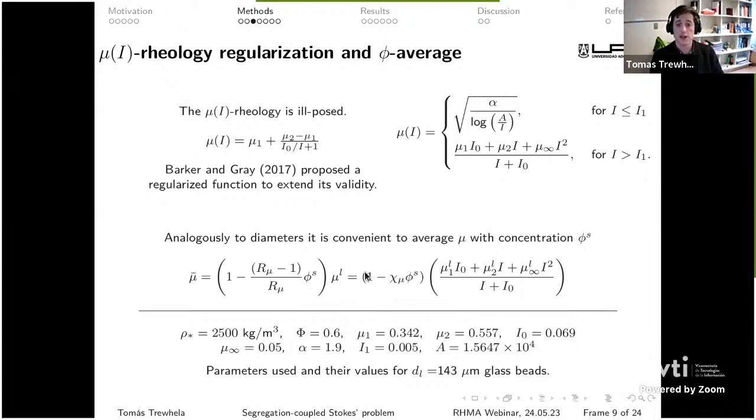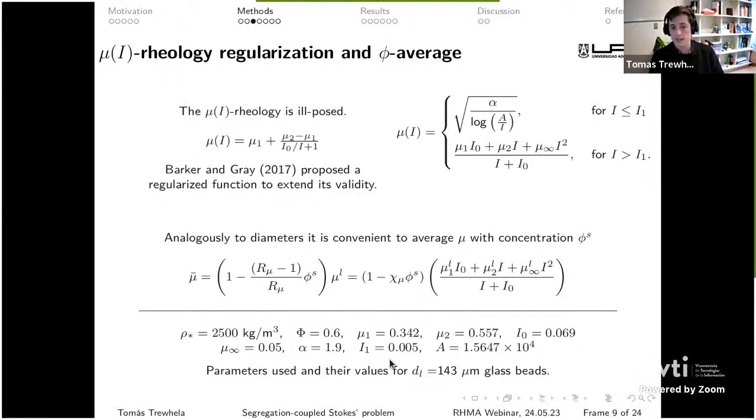And in the same fashion, I end up with a relationship that looks like this. So it's the same term as for the mean diameter here. I obtain this asymmetric kind of relationship times mu superscript L, and this mu L is evaluated with the relationship that I showed before. So it's the extended mu of I rheology.